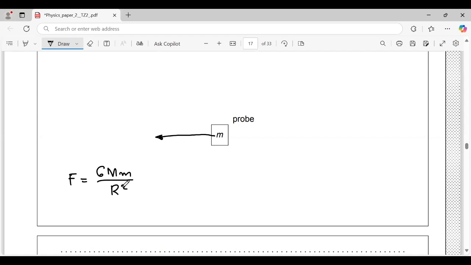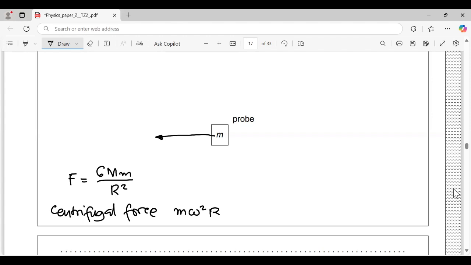And the centrifugal force is given by the formula m times omega squared times R. Omega is the angular speed of the asteroid. Right.